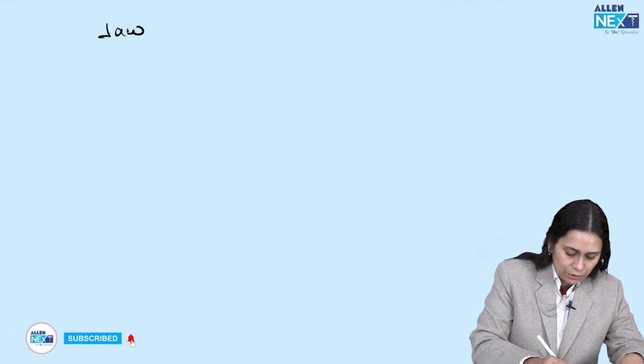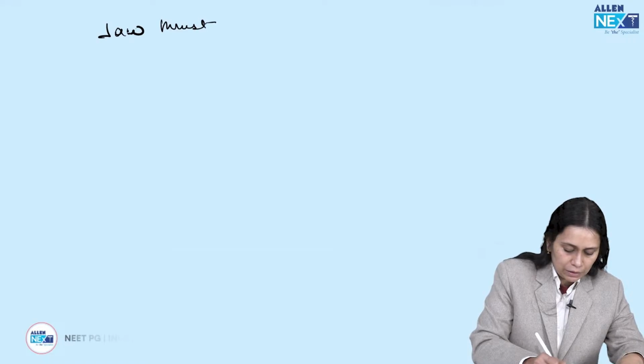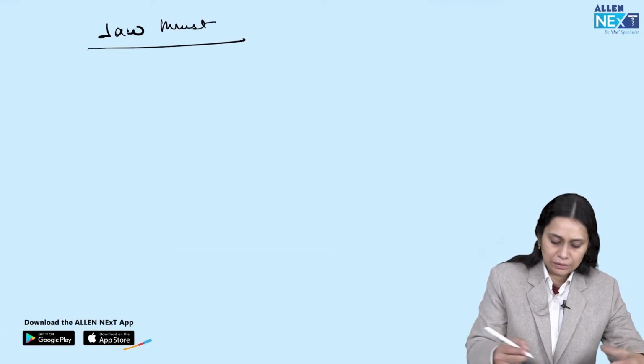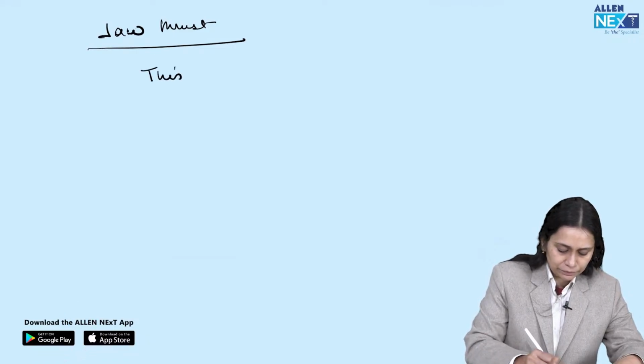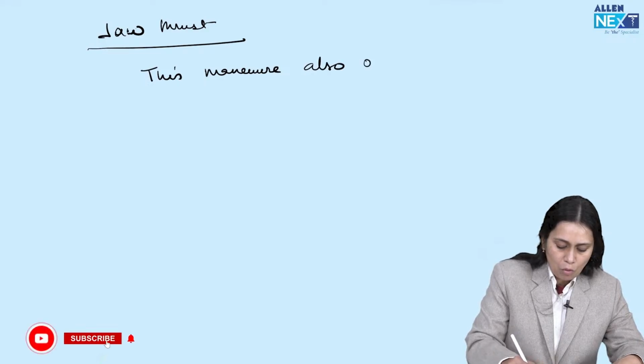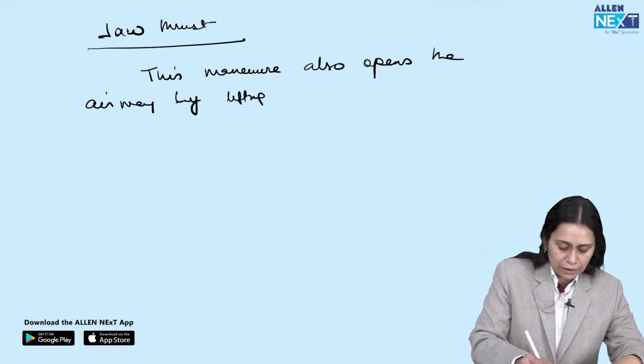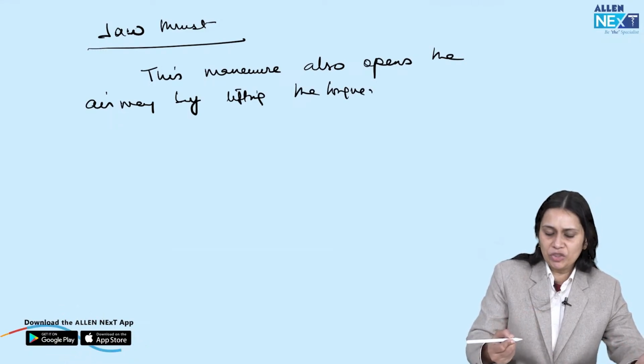Jaw thrust. Now jaw thrust, this maneuver also opens the airway by lifting the tongue. So it is also doing the same thing, right? This is inferior to head tilt, chin lift.